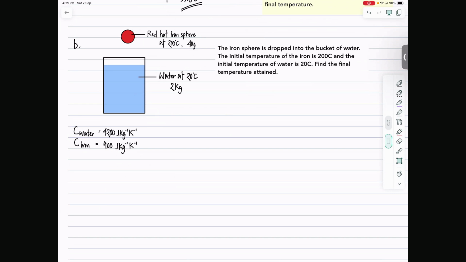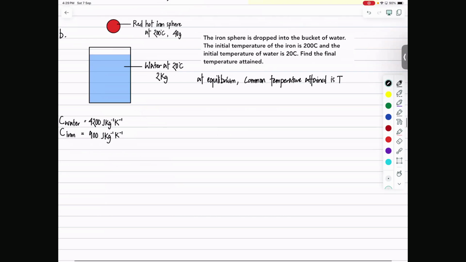Okay, let's solve this. So how do you do this? At equilibrium, the common temperature attained is T. So how do we find that?